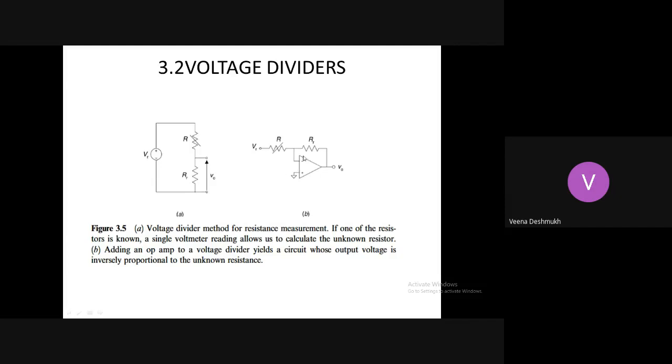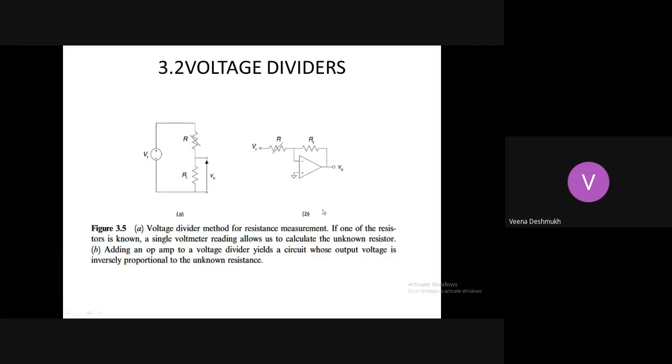Now here, an op-amp in an inverting mode is used. What is the advantage of this op-amp being connected here in the inverting mode? Whatever voltage is sensed, we know in inverting mode, if it is increasing, the output is going to give us a decreasing voltage.